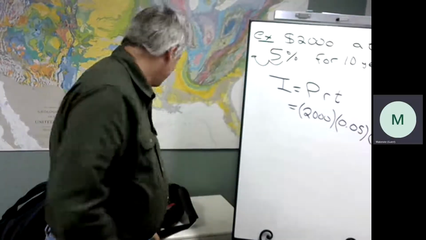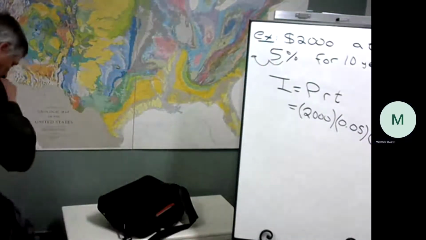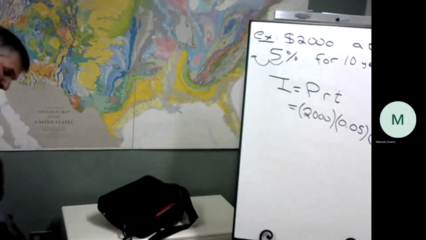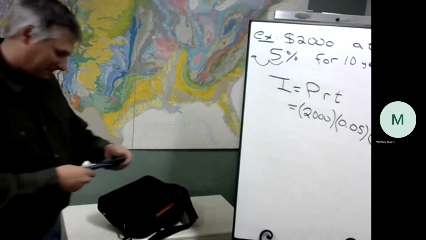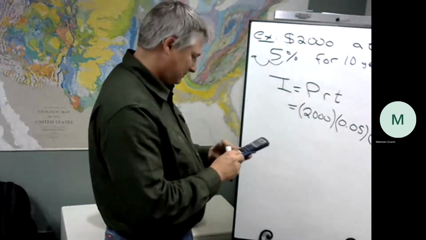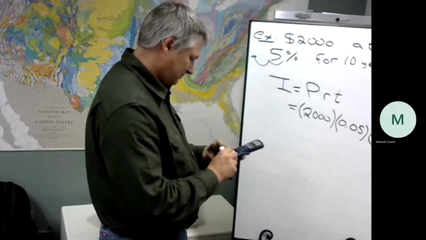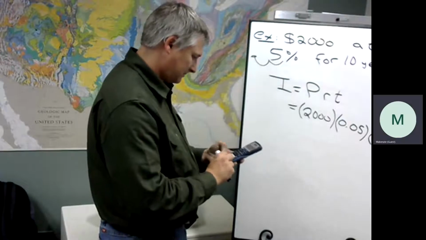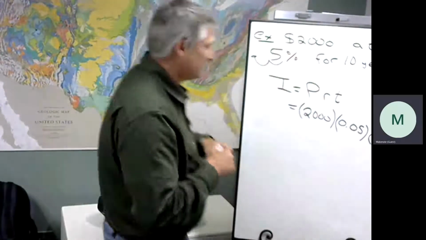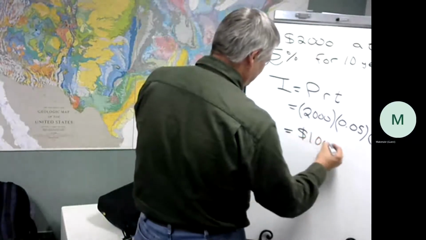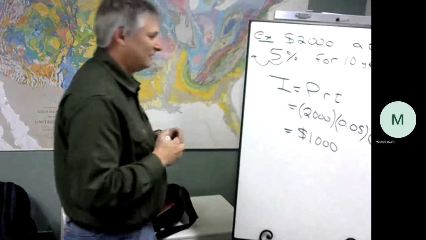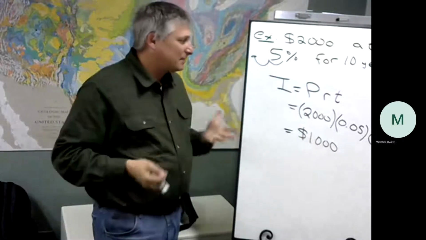Let me get a calculator here real quick. And so we get 1,000. And there we go. So that's simple interest.